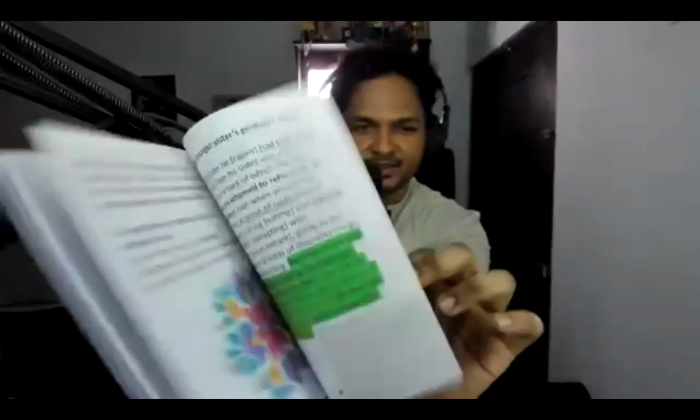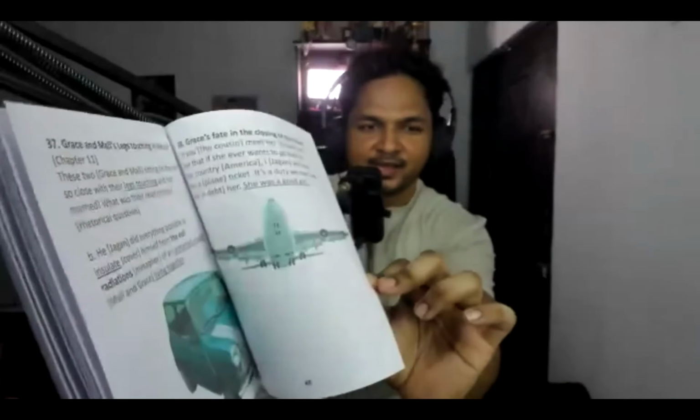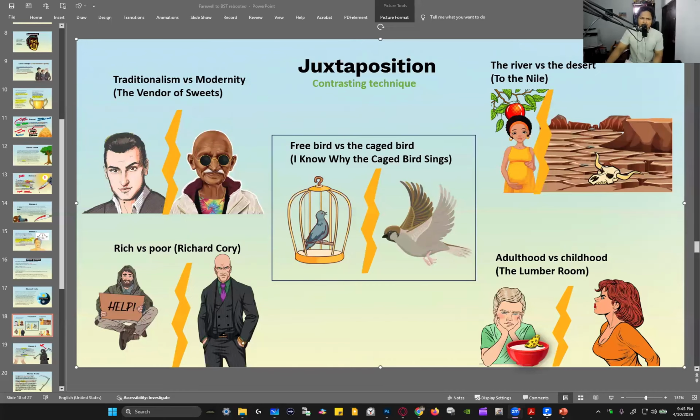It's in color. So in The Vendor of Sweets, Jagan versus Mali, traditionalism versus modernity. These are good examples for juxtaposition. There are many examples in our syllabus for juxtaposition. What do you mean by juxtaposition? It is the contrasting technique.